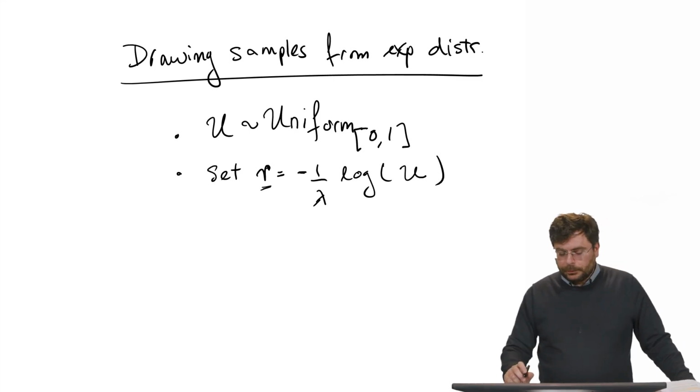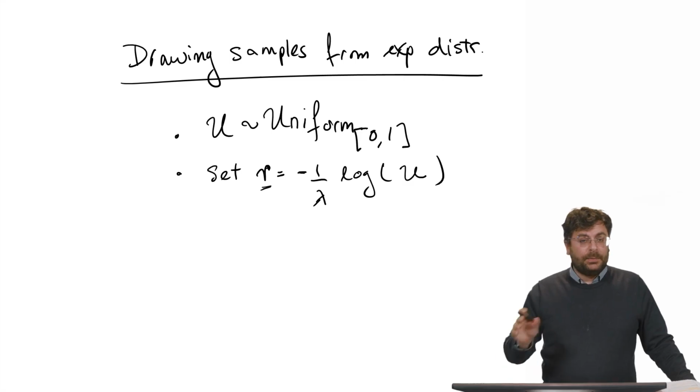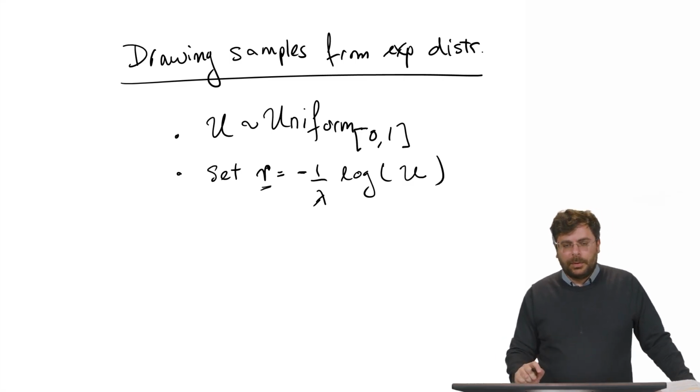So, what have we gotten so far? We've explained the fact that we can draw samples from discrete probability distributions.